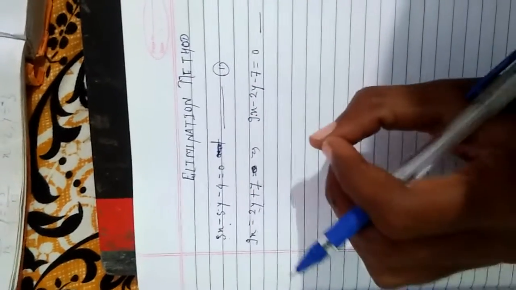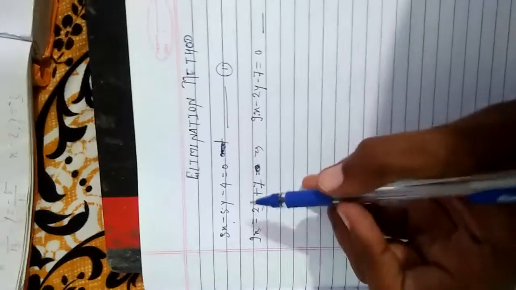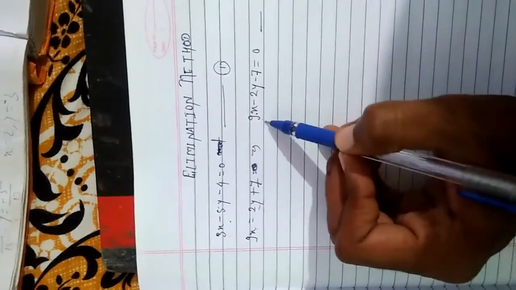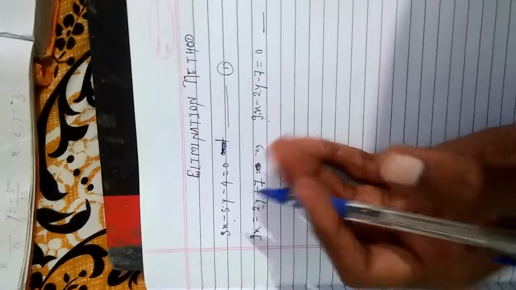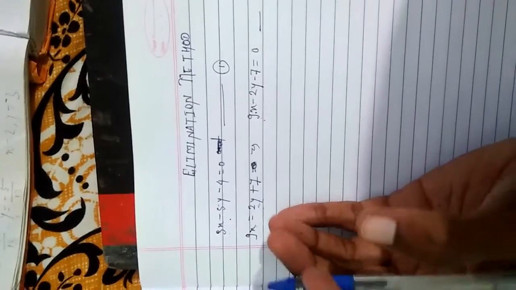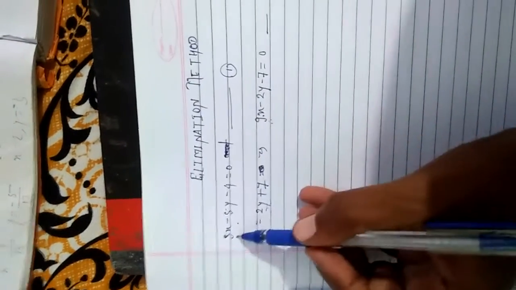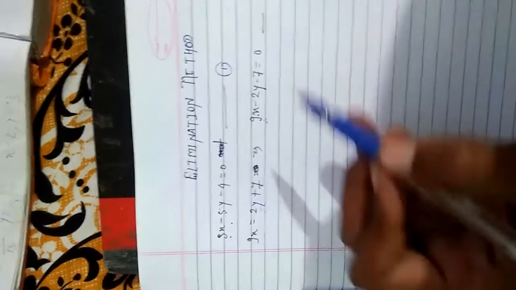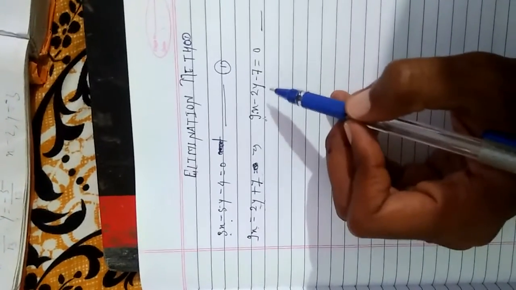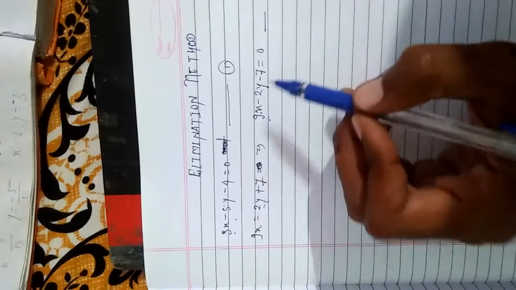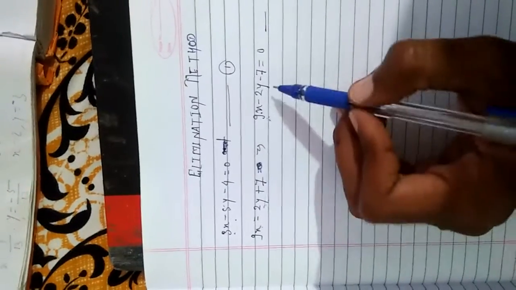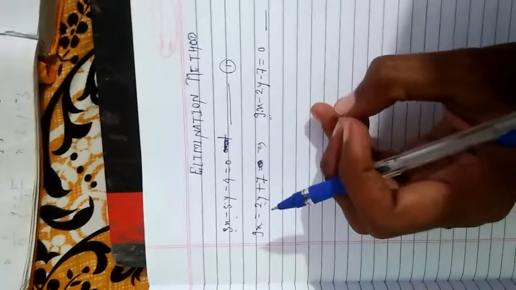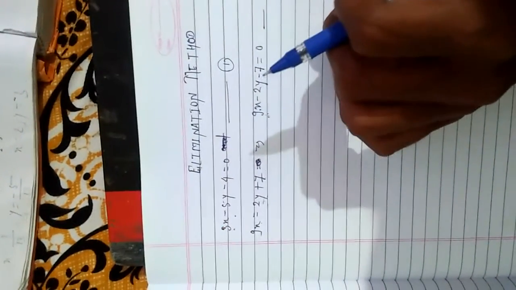We eliminate the x term by addition or subtraction. Then we find the value of y, then we put the value of y in equation 1, and we will get the value of x. This way you can solve using the elimination method.